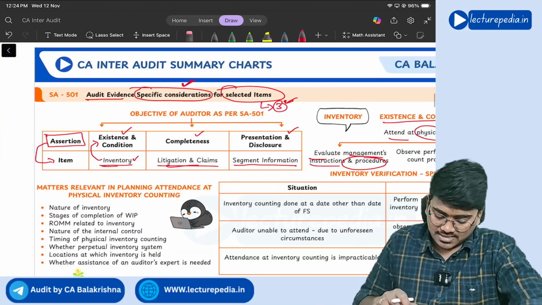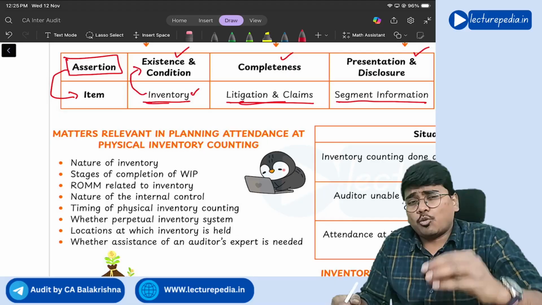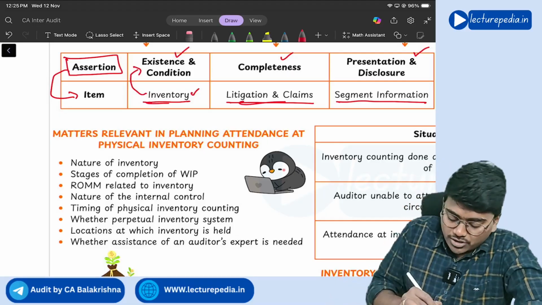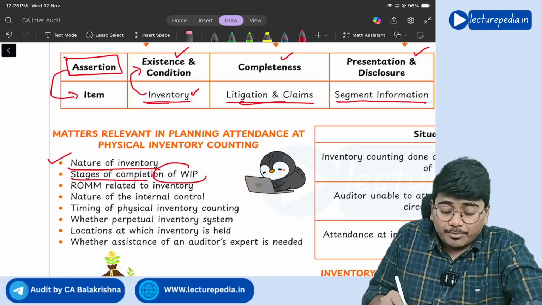Got it? Yes. And while attending the physical inventory verification, what aspects do you need to consider with respect to inventory? You need to consider the nature of inventory and stages of completion of work in progress.